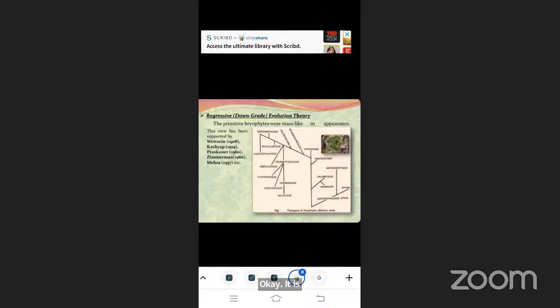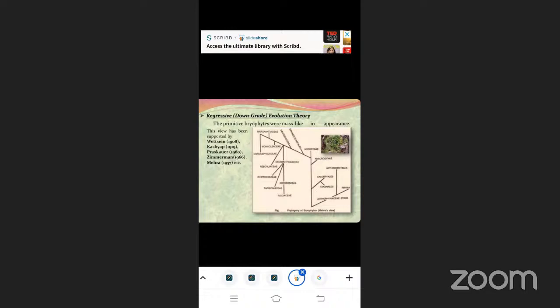Okay, clear? Is there any doubt? No more doubt, anybody? Clear. So here you explain the two theories. The retrogressive theory includes the reduction theory. Another one is the condensation theory, where condensation means there is mixing.